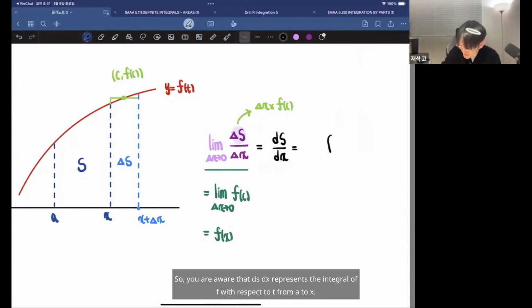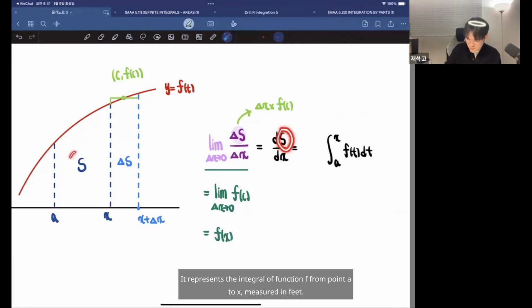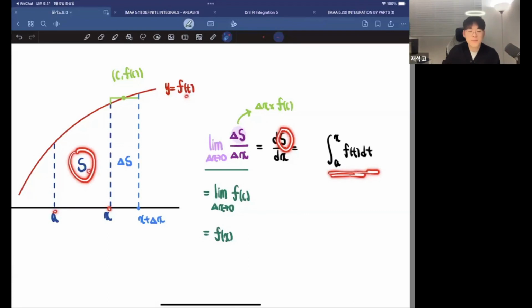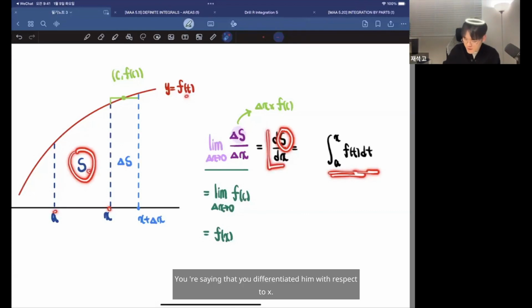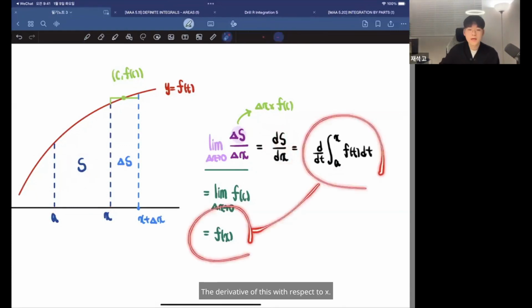So, you are aware that ds/dx represents the integral of f with respect to t from a to x. Hey everyone, I recently wrote this as an integral. It represents the integral of function f from point a to x. You're differentiating it with respect to x.